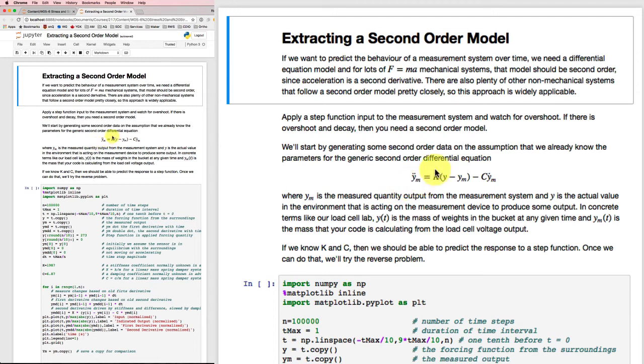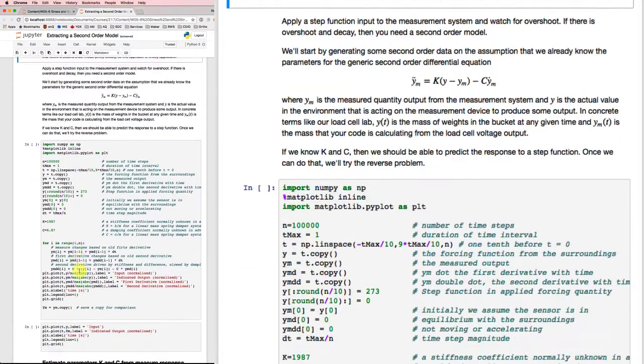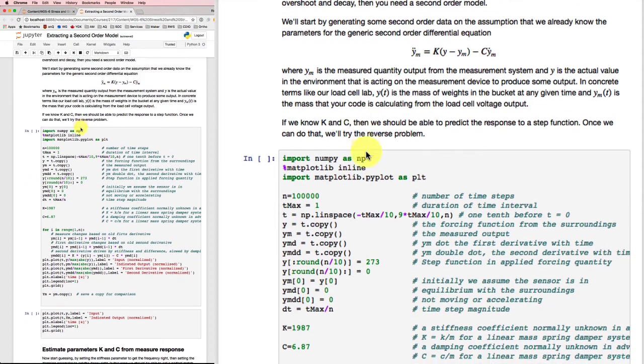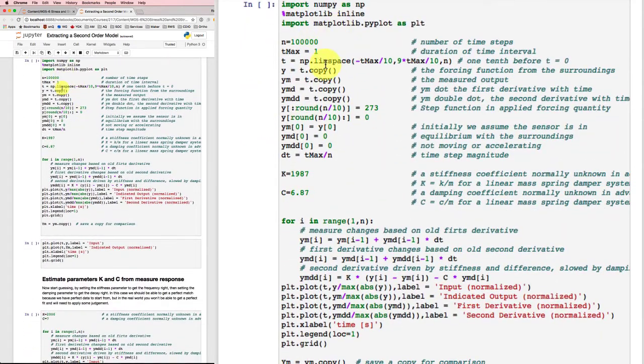Now, in the real world, we'd go out and actually measure this, and you're going to do this in the lab. In our example here, we want to start off with something we know. So we'll start off by assuming that we know K and C here, and we'll generate a second order response just the same way that we have before. So I'm going to run this code.